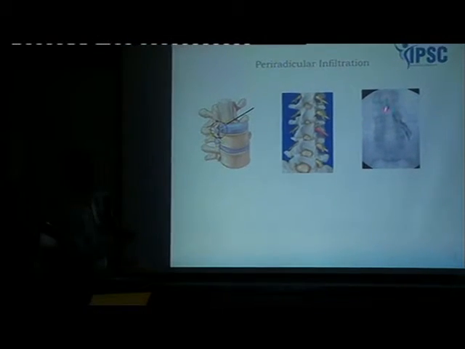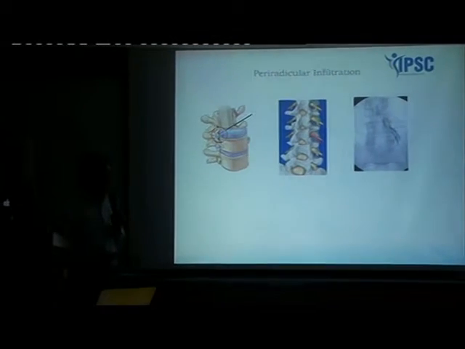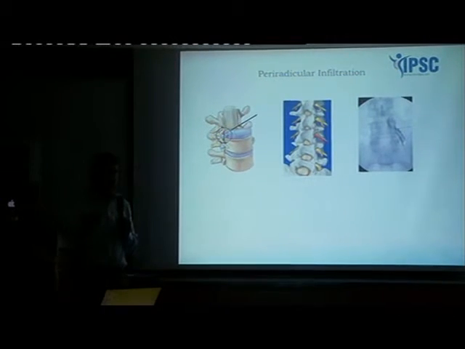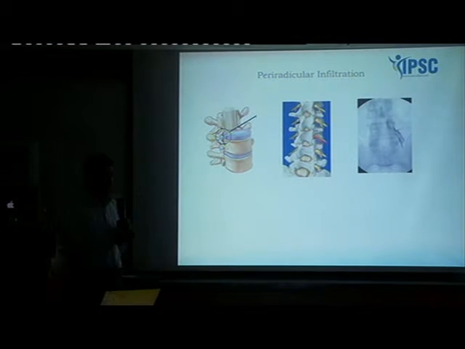That is why we do periradicular infiltration. In fact, before intradiscal ozone, the first thing which was done was periradicular. It was injected periradicular to reduce the inflammation of the nerve root, and then this secondary role came, intradiscal ozone.